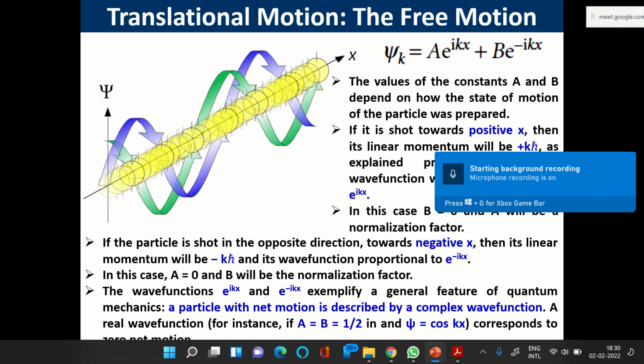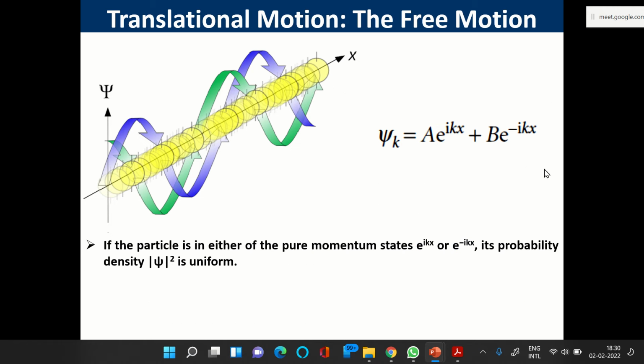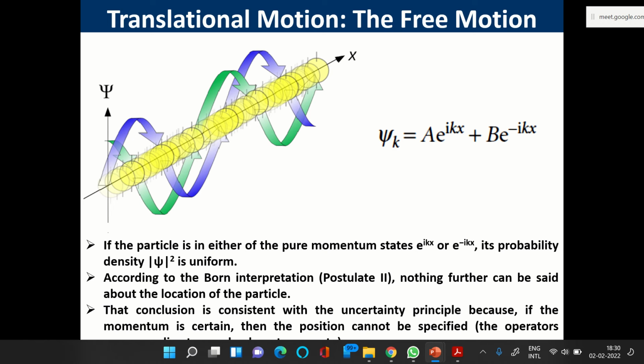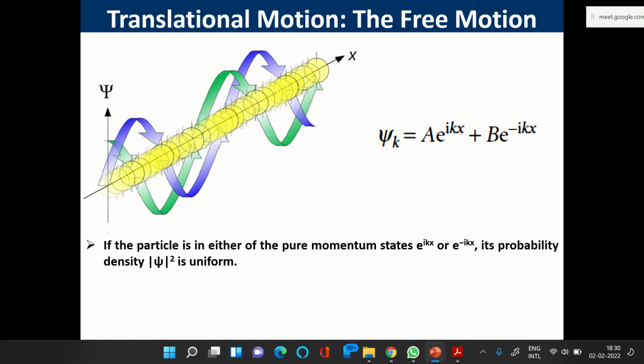Okay, so zero net motion. So to describe a real motion, a net movement of the particle, there must be an imaginary term coming in the wave function.